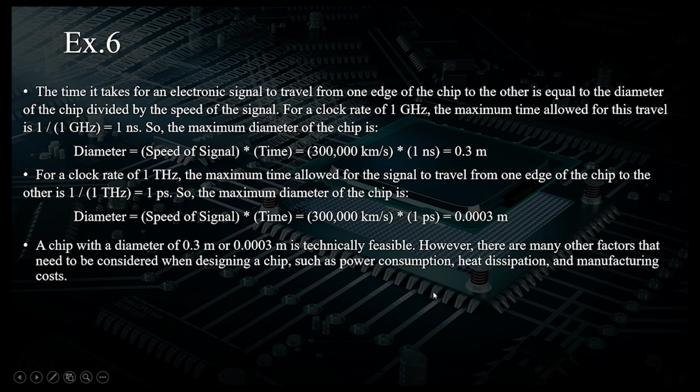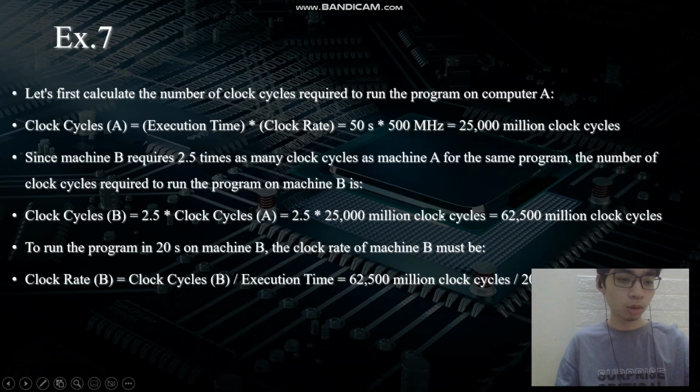Okay, next will be exercise number 7. To solve the seventh problem, I use the formula CPU time equals CPU clock cycles multiplied by clock cycle time.